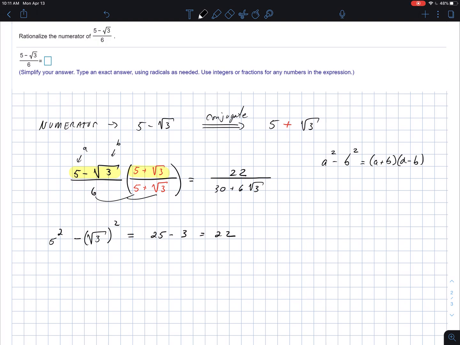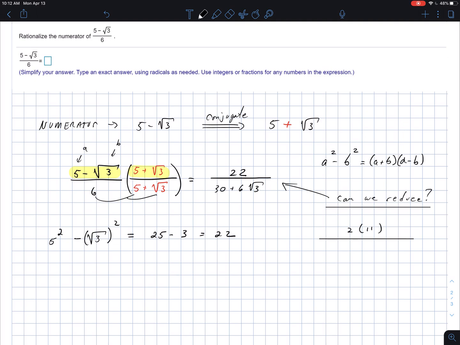Now, that might be a suitable answer, but there's a little bit of an issue, right? We should ask ourselves, can we reduce? And the answer is everything here is divisible by 2, right? So if we can reduce, why not try? So I see that 22 is 2 times 11.